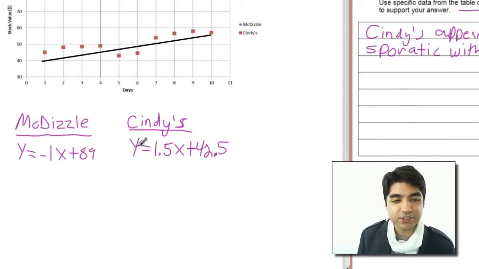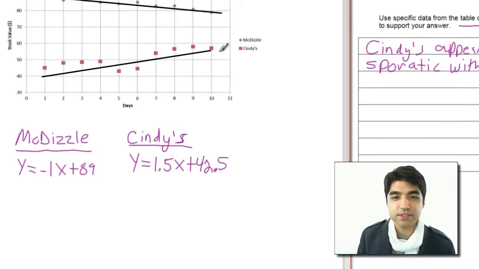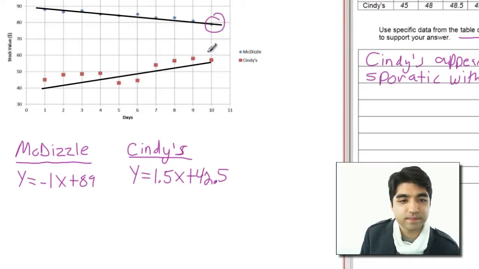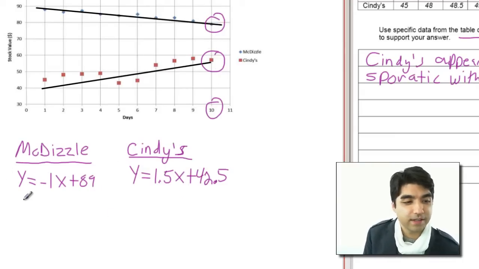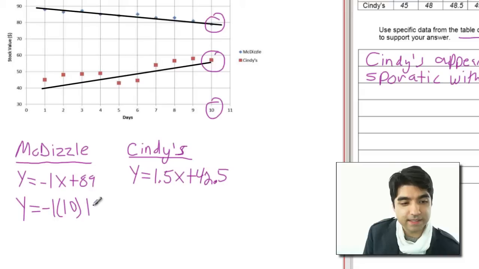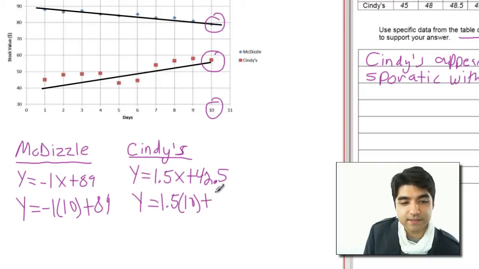If we look at our equations that we used previously, we're most concerned about this final day, day 10. So let's see who better followed the plan, the advisor's equation, according to what actually happened. If we solve this, we have y equals -1 times 10 plus 89. Same thing over here, we have y equals 1.5 times 10 plus 42.5.